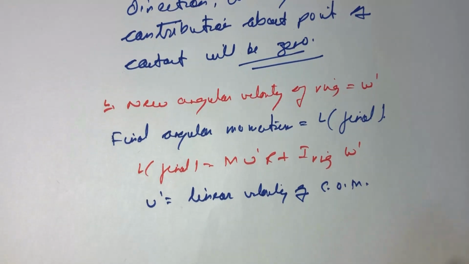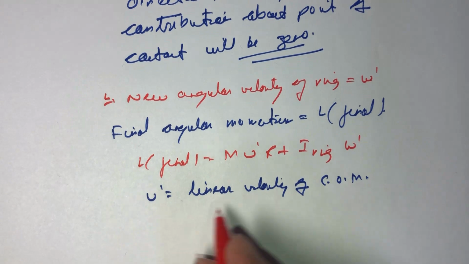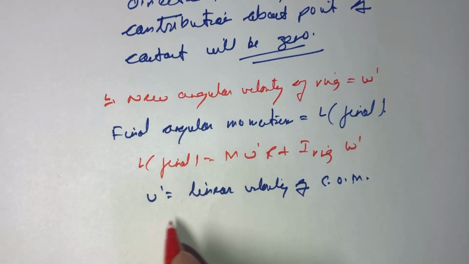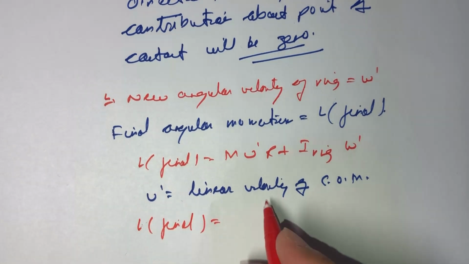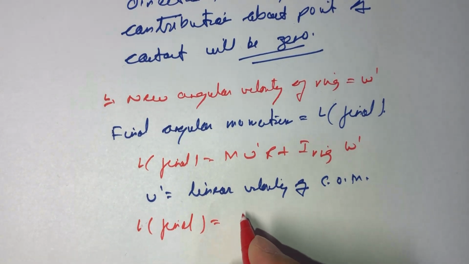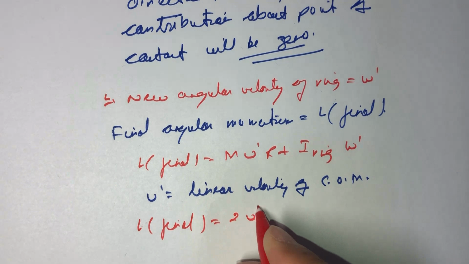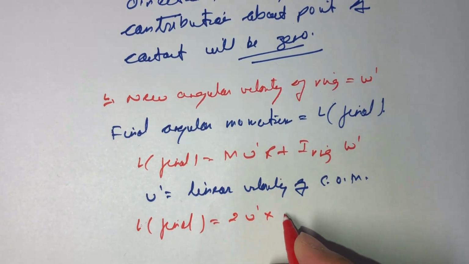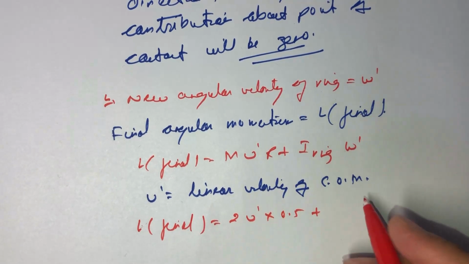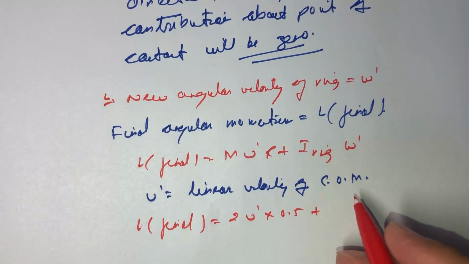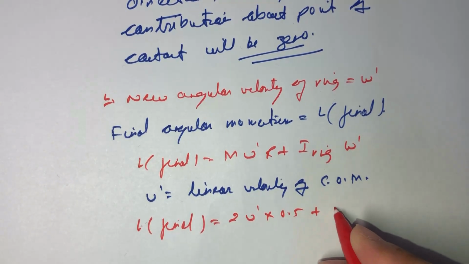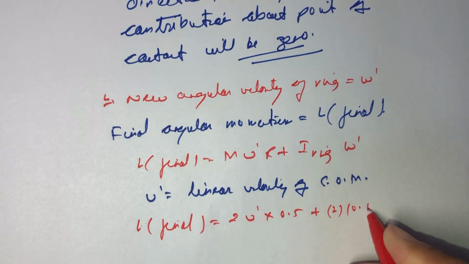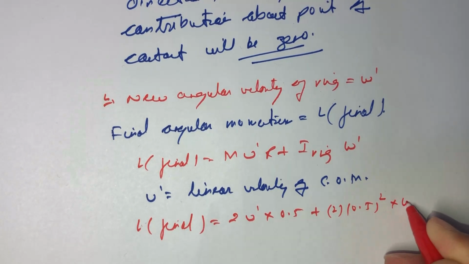Okay. So we substitute the values, we get that our L final is mass 2 kg, and we have v prime, radius 0.5, plus I ring is going to remain the same, that is mr square. So we have 2 multiplied by 0.5 whole square, and we have omega prime.